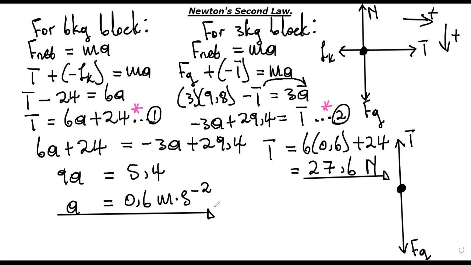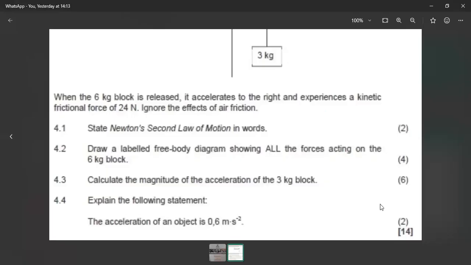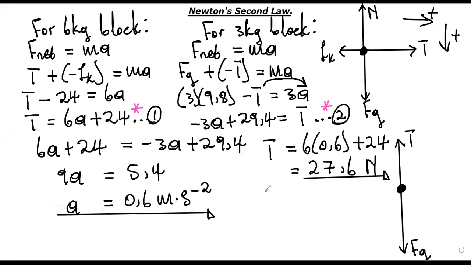Now let's look at the last question. The last question says, explain the following statement. The acceleration of an object is 0.6 meters per second squared. In other words, what is the meaning of 0.6 meters per second squared?